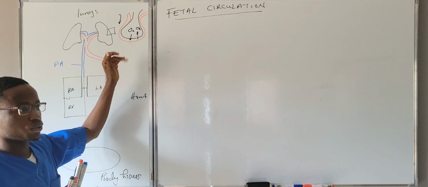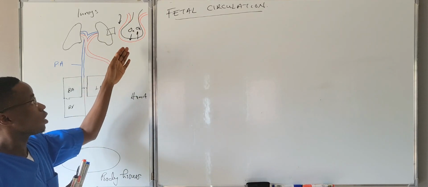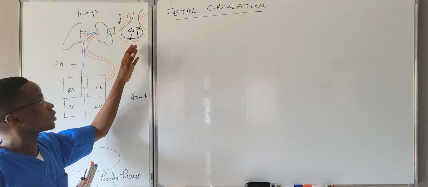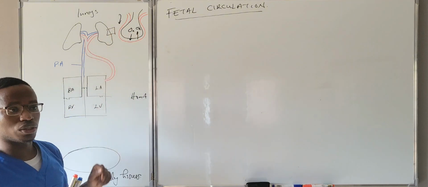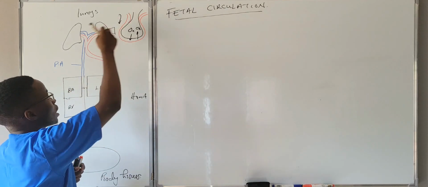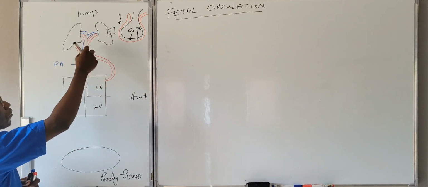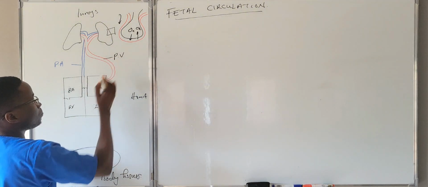So once it combines with hemoglobin, it gets oxygenated, while at the same time carbon dioxide diffuses out of the red blood cells and goes into the alveolar space, and then it is breathed out. And then blood comes back to the heart through what is called the pulmonary vein.